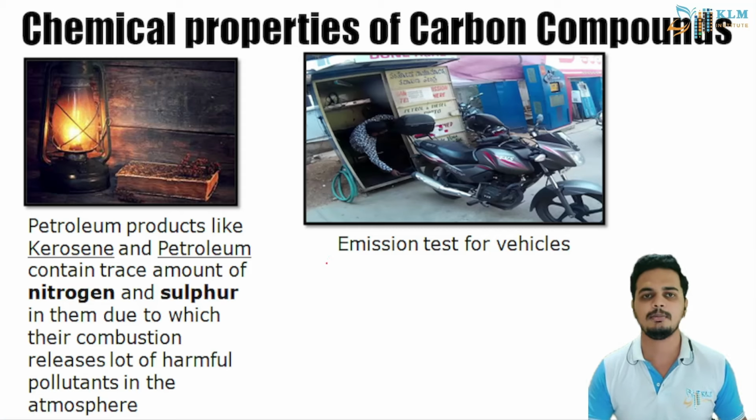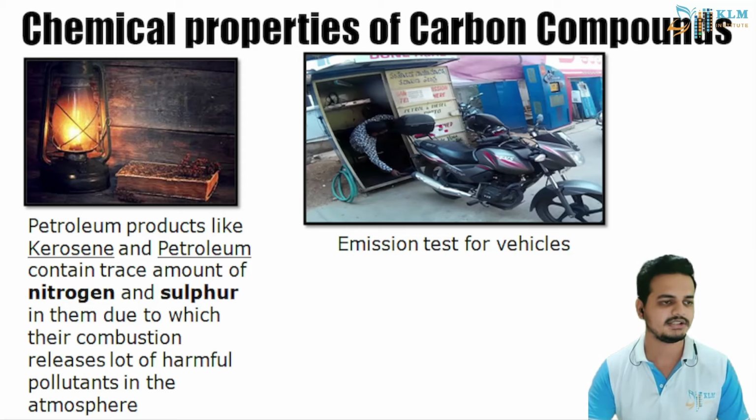When we talk about combustion, we like to talk about the most commonly combusted products, that is petrol or diesel. All these products such as petrol, diesel and kerosene are petroleum products. They contain trace amounts of nitrogen and sulfur. So when you burn them, it does not just produce water and carbon dioxide.